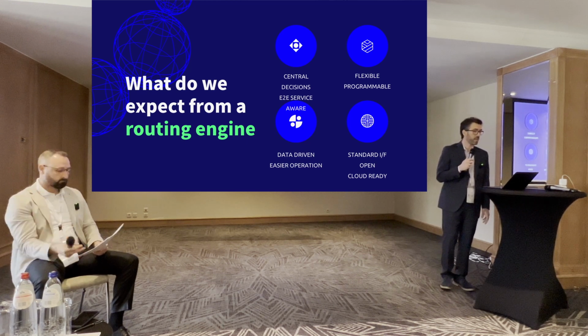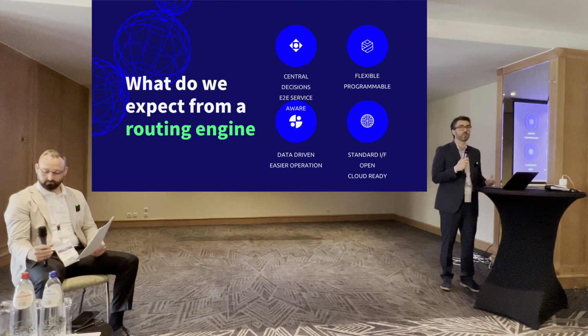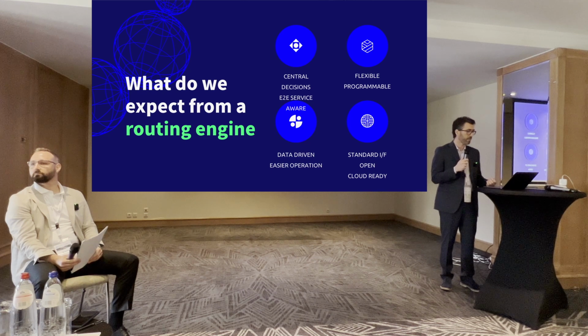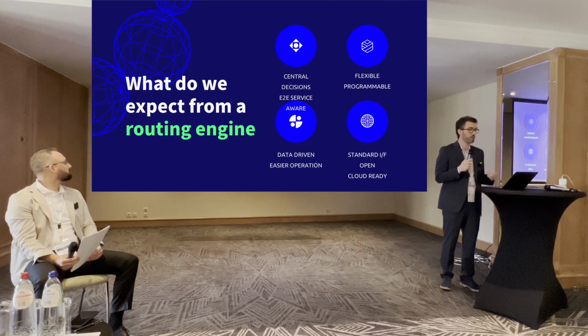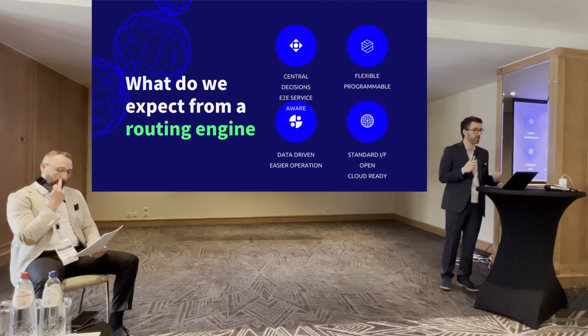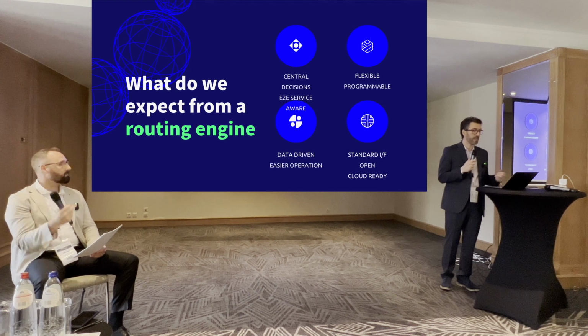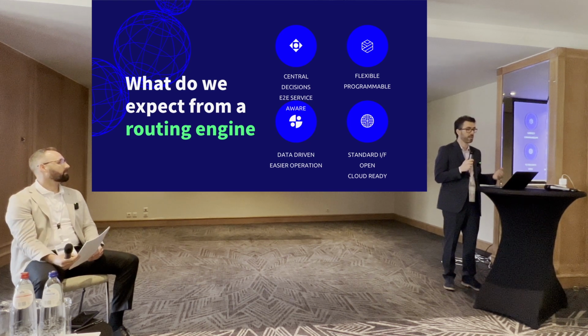So traditionally, why would we implement a routing engine? Well, it would be to centralize routing decisions. So having a central point where we could enforce routing and policy decisions, that was a must, which also gave, mostly incidentally, the fact that the routing engine was end-to-end service aware. But that is not enough today. We see more and more that specific requests call for specific flexibility and programmability.